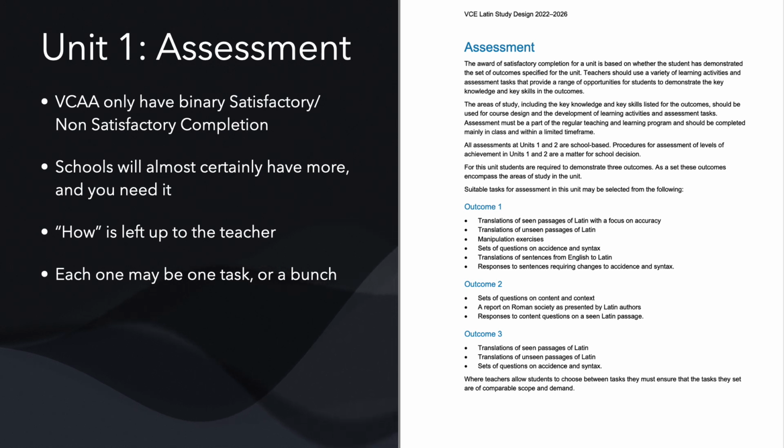The outcomes might be tested by one task or a whole bunch of tasks. Many of you will find that you've done them without even noticing. It's just part of the normal work of what you do. And in a way, that's the way these things should be. They should just be part of what you normally do for your Latin.